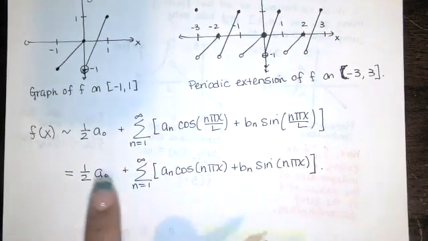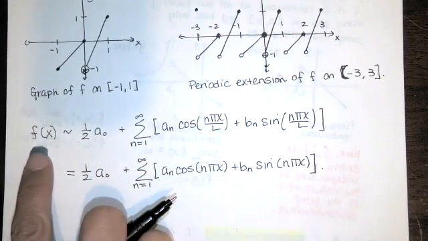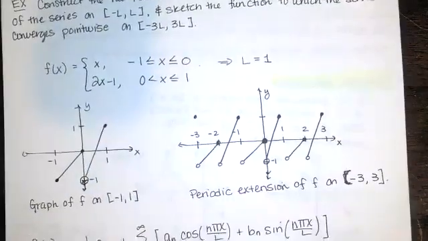Okay, so now we want to find a sub 0, a sub n, and b sub n. And remember, f is given by this function over here.